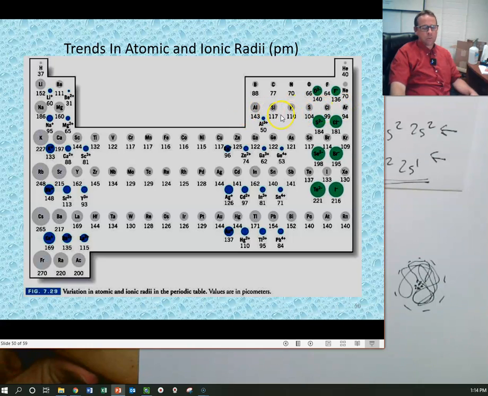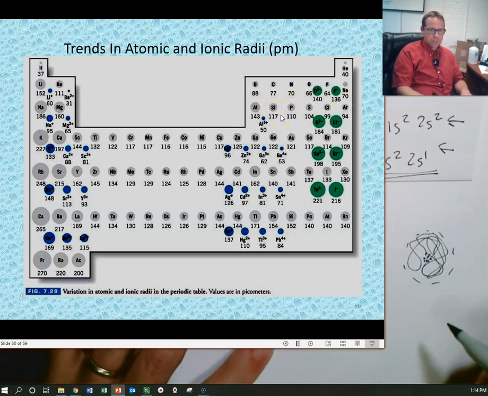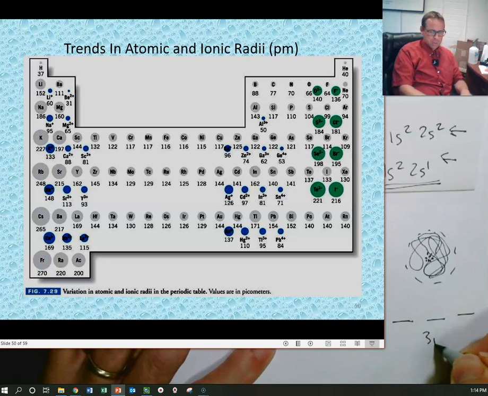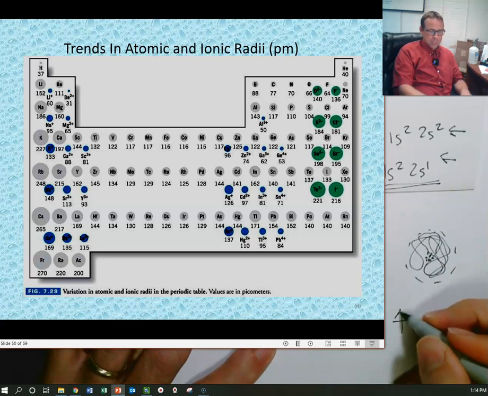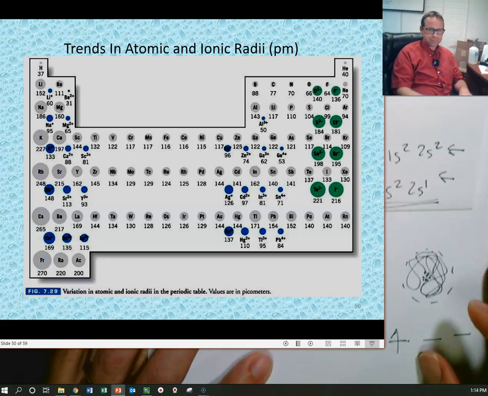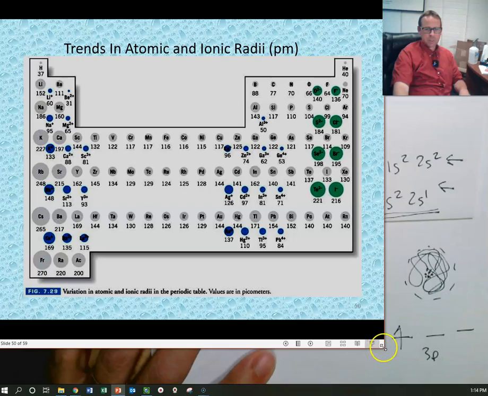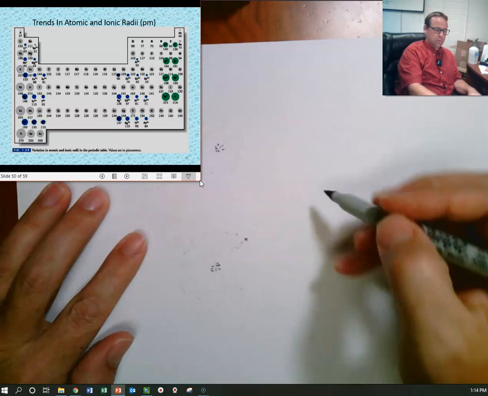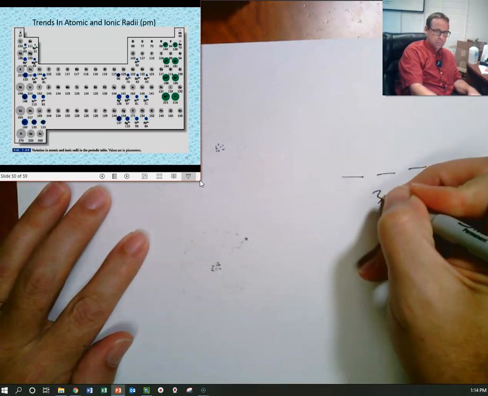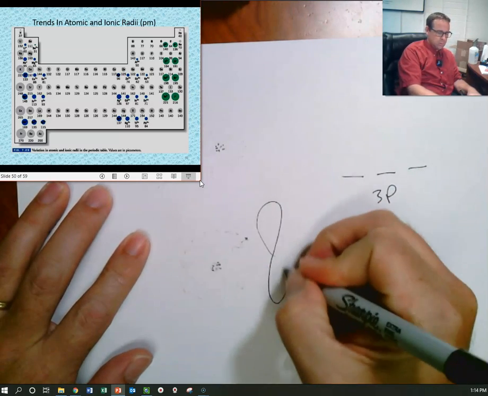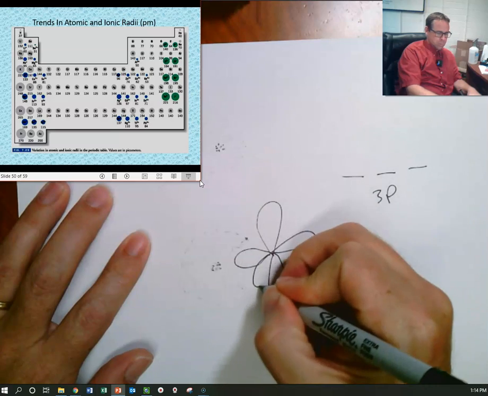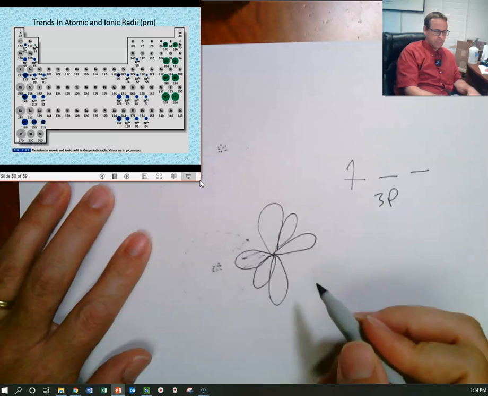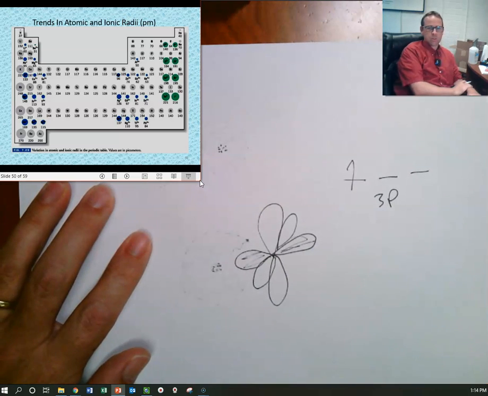Very good. So if we kind of try to draw ourselves a 3p orbital here, 3p subshell, right? The first electron goes into that 3p. Let me make some space here. First electron goes into the 3p, right? We can kind of shade in one of these orbitals.